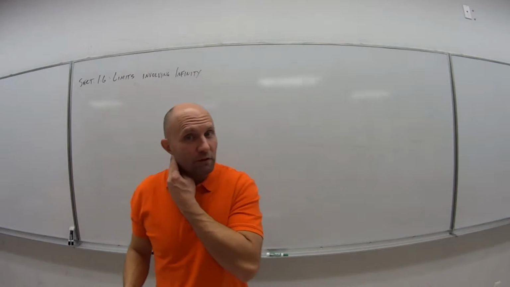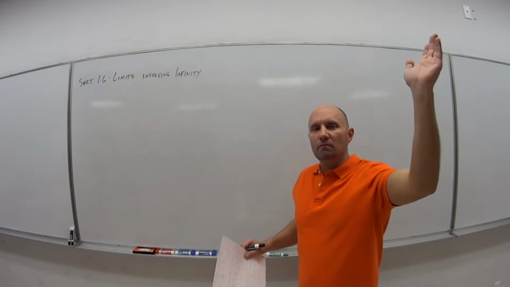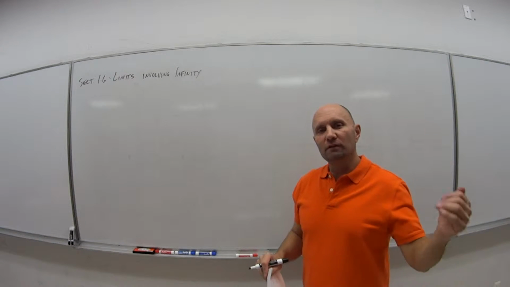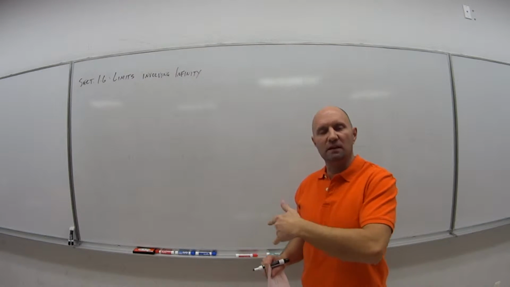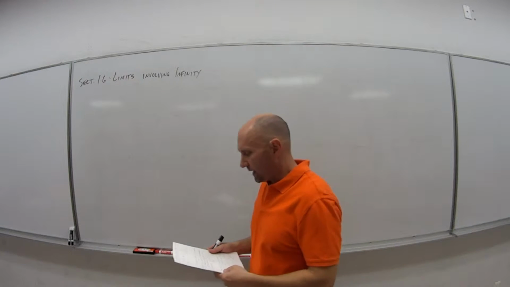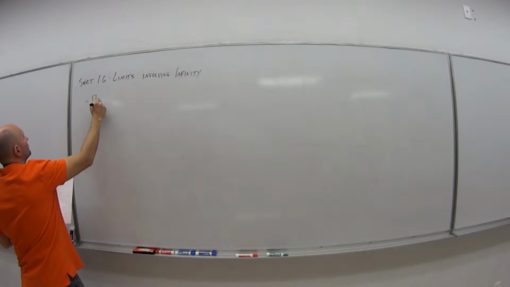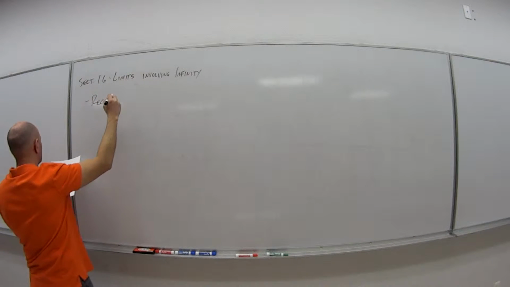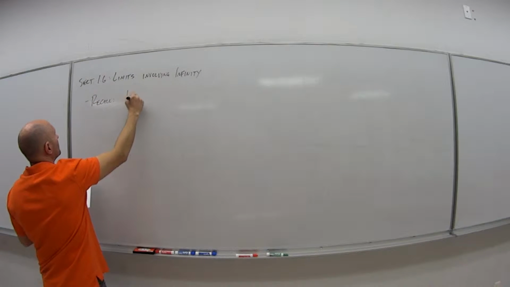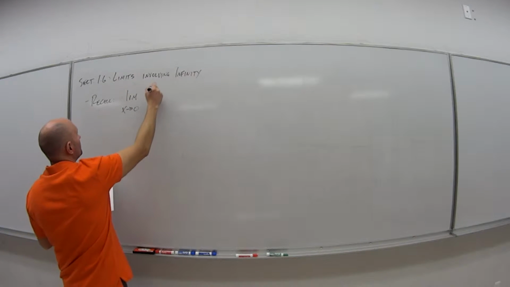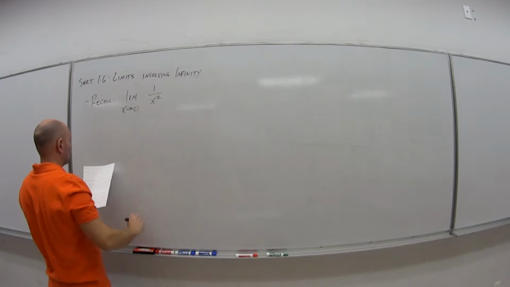So here, either the limit goes to infinity and beyond, right? Like the movie. Or what if the limit approaches infinity? What happens to the function at that point? So recall from earlier in this chapter, we had the limit as x approaches 0 of 1 over x squared.